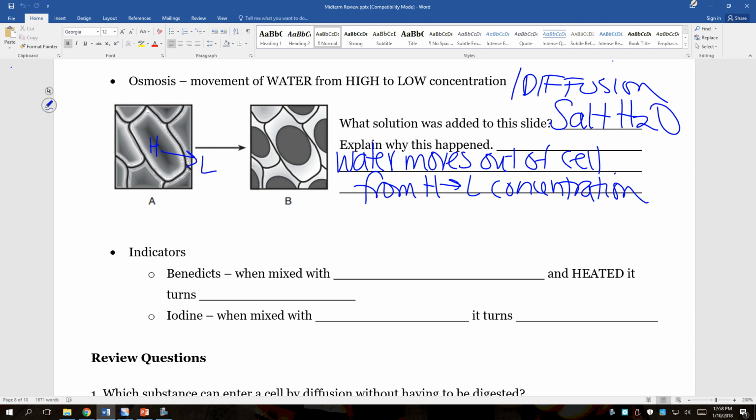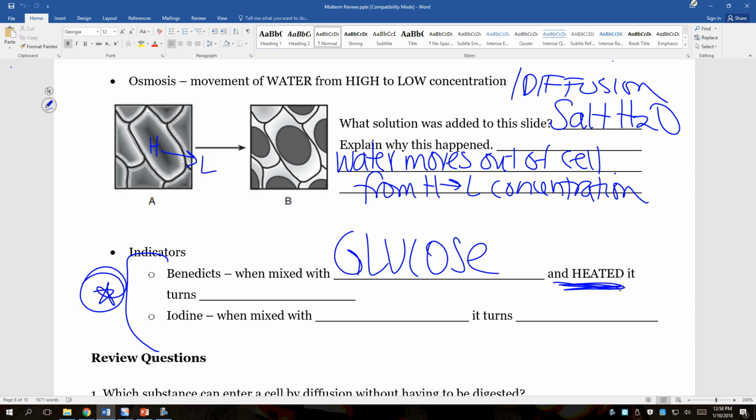And then the final thing we have are the indicators. First indicator is Benedict's solution. Make sure you study this. I know a lot of people struggled with this on the test. Benedict's, when it gets mixed with glucose and it's heated, that's the key. Remember, when they're heated, it's going to turn to a orange color.